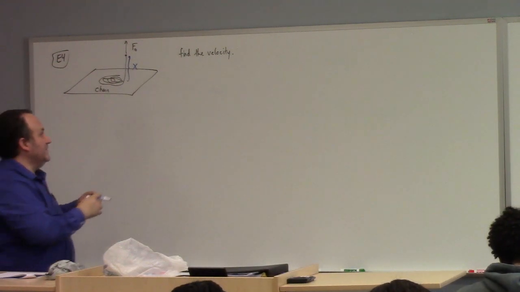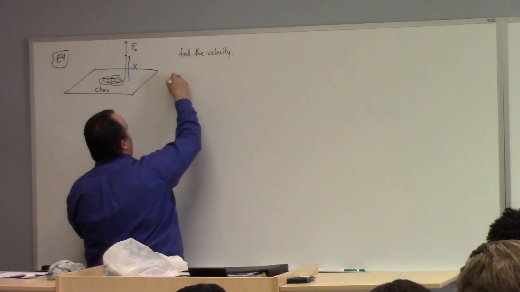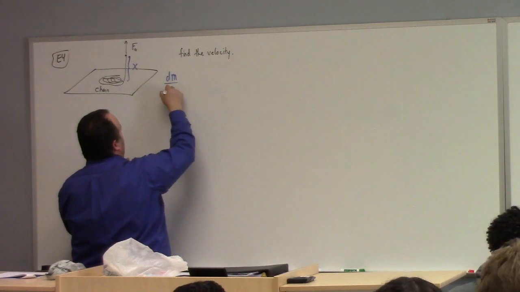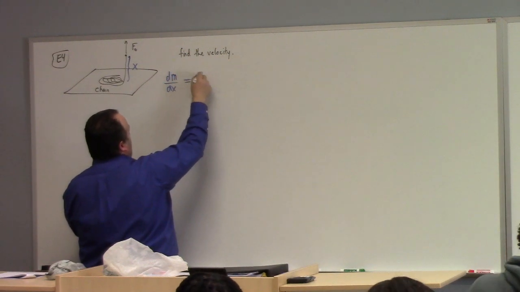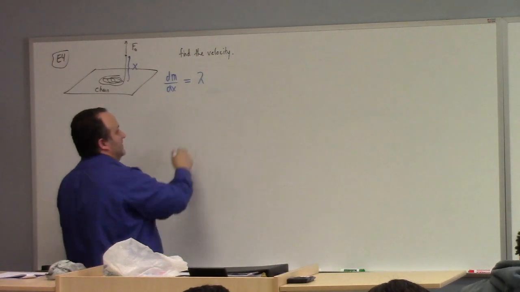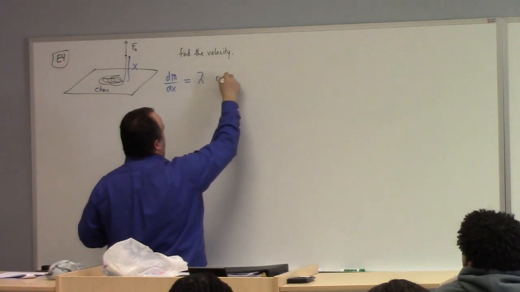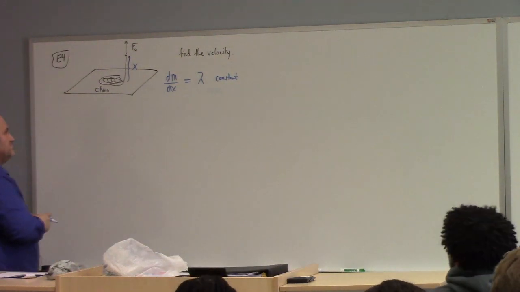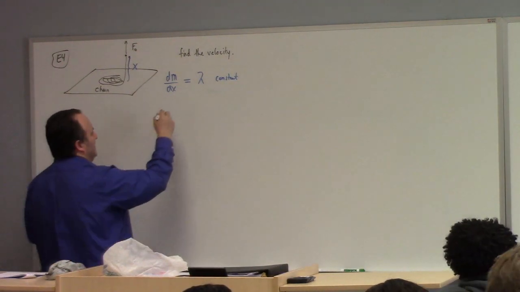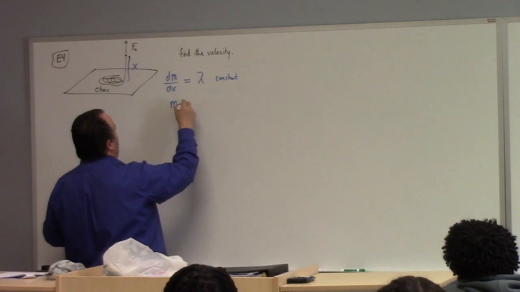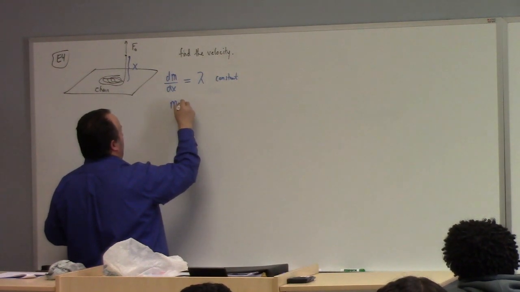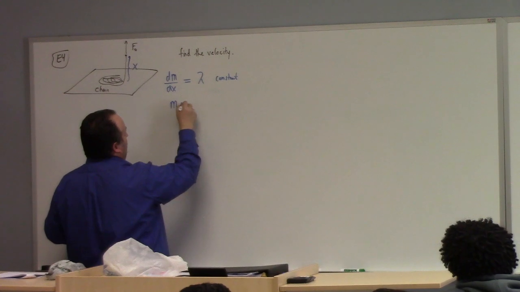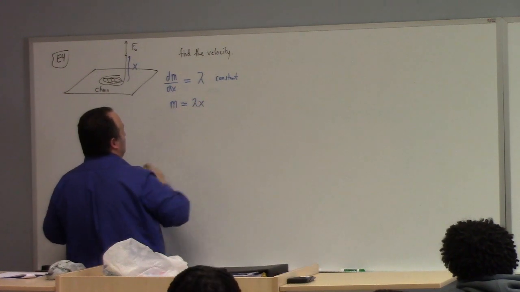We're also going to assume that dm dx is equal to lambda. This is constant. There's a constant mass density. So, in other words, I could just say that the mass of the chain that's been lifted at a current point in time is equal to lambda x.